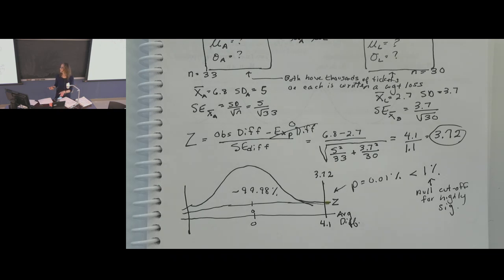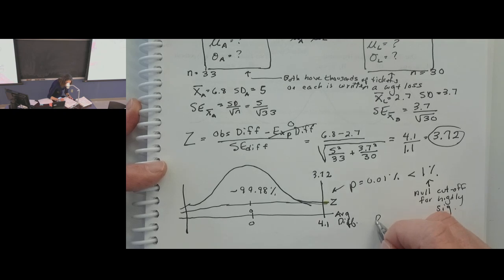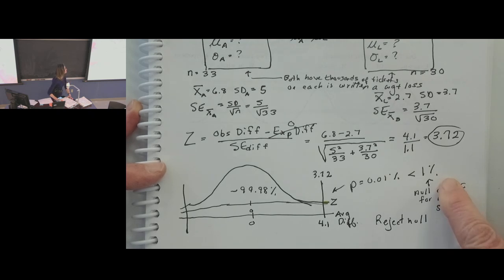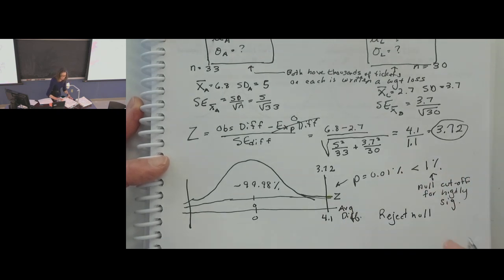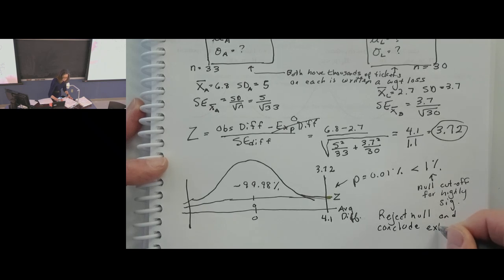So we are going to reject the null. That's like a tiny, tiny chance. And conclude what? We're going to reject the null because that p-value is less than 1%. Reject the null and conclude the result is highly significant. Highly significant means there's extremely strong evidence to reject the idea that it was just due to chance, and say there's a reason for it.